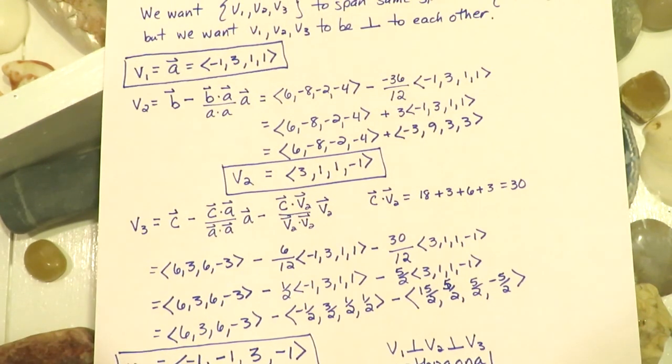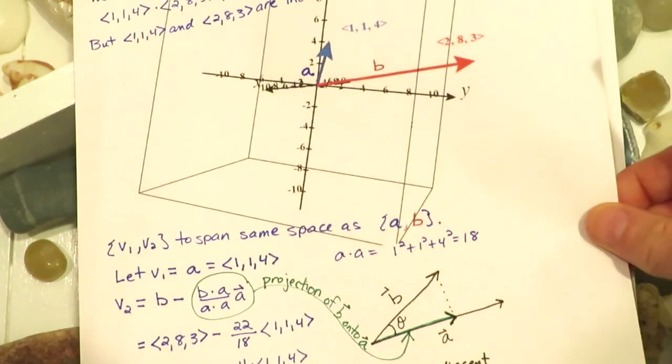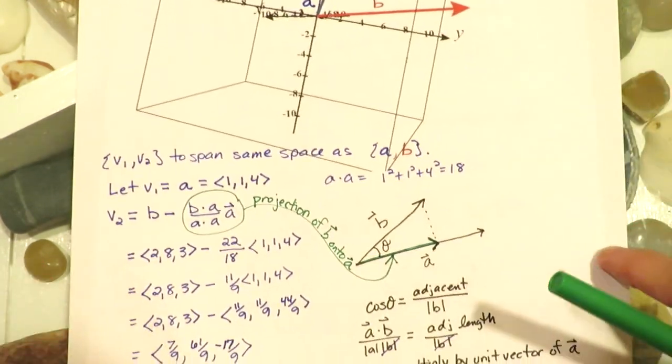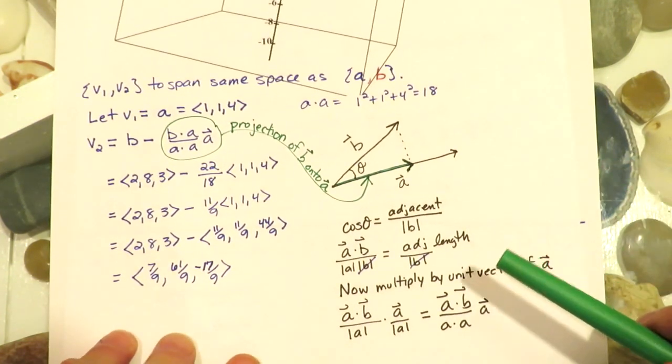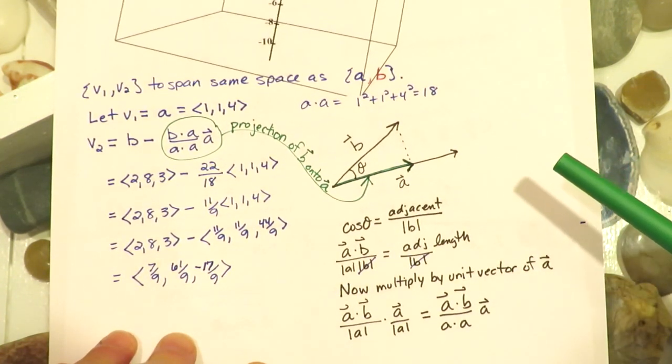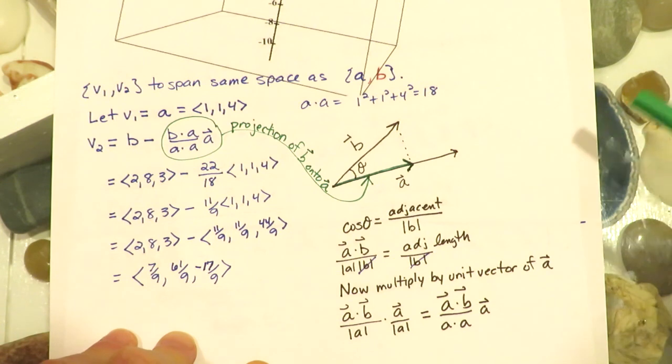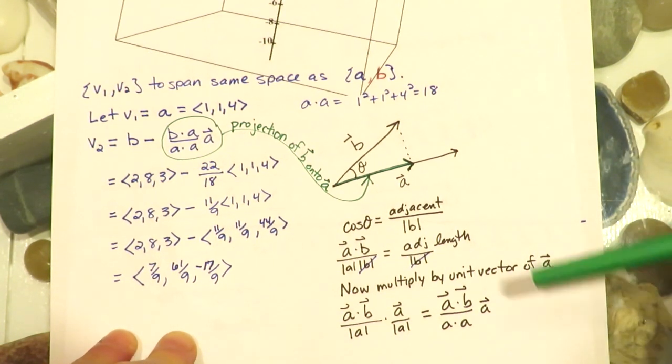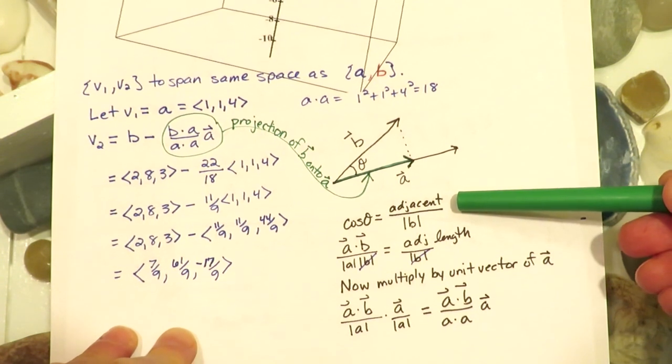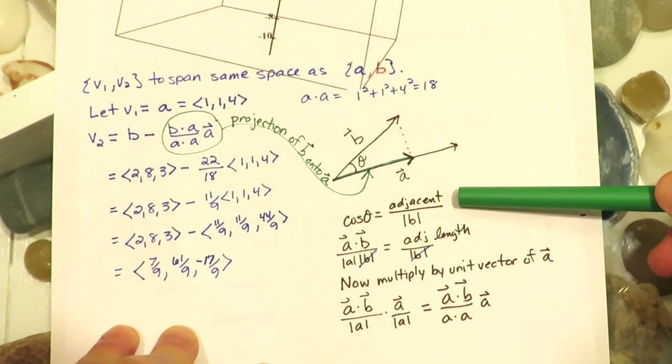Going back to the original premise of what we are doing, you're creating perpendicular vectors by subtracting the projection of one vector onto another. And a little review about some other things related to dot products.